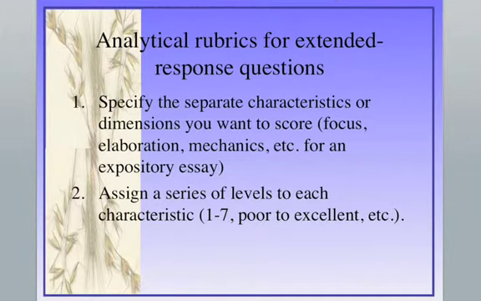Is it mechanics? To what degree did they provide extending points or elaboration? To what degree did they focus on a single issue for perhaps an expository essay? And then we have to assign levels to each one of these performances, 1 to 7, 1 to 4, poor to excellent, whatever. Then we add those things up and we put them in a performance category based on where they score.